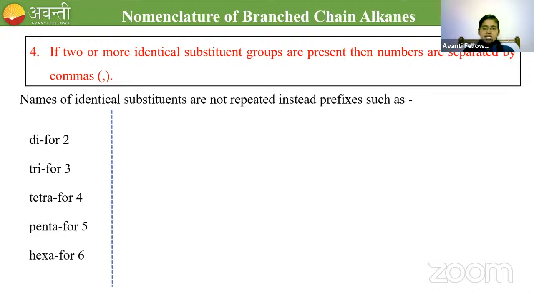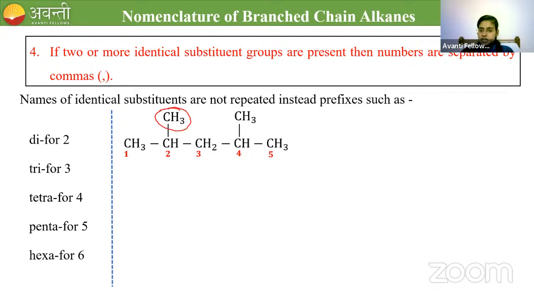Okay. So let us see some examples. Let me take this compound. See here, I have a straight chain, which is a parent chain, and I have two substituents. Both of the substituents are same. Both of them are methyl. One is attached to the second carbon and the other one is attached to the fourth carbon. Now, how to name this compound?